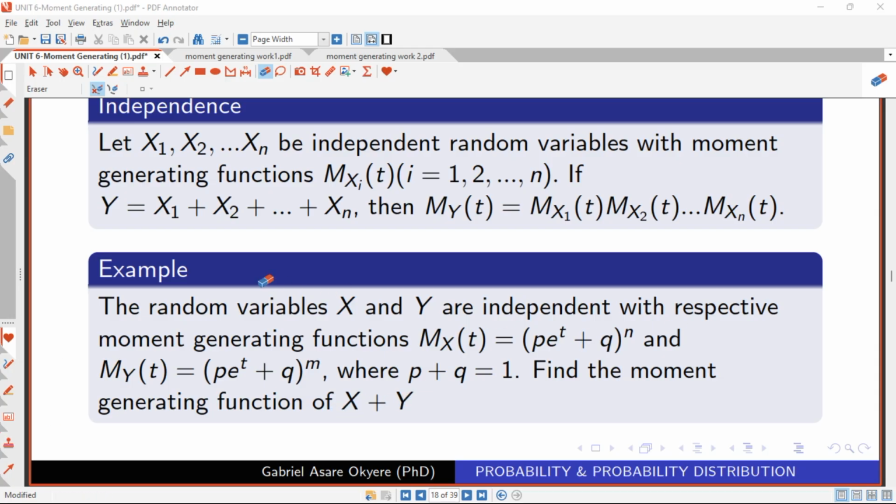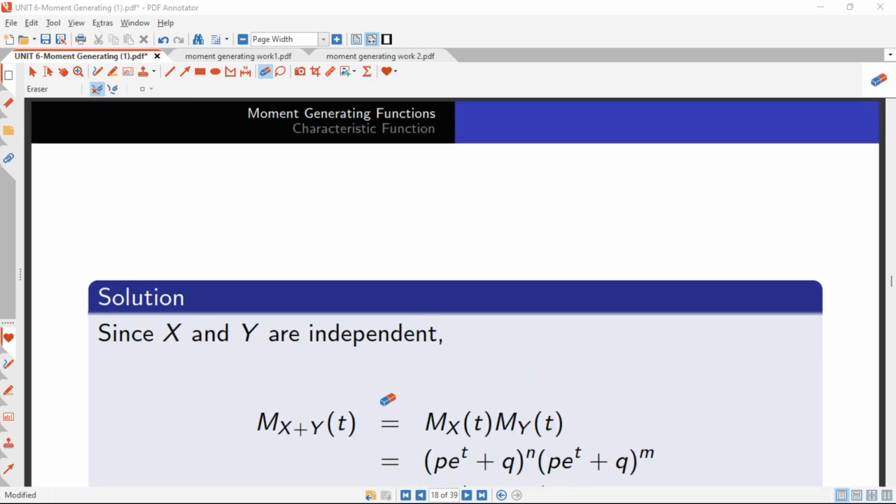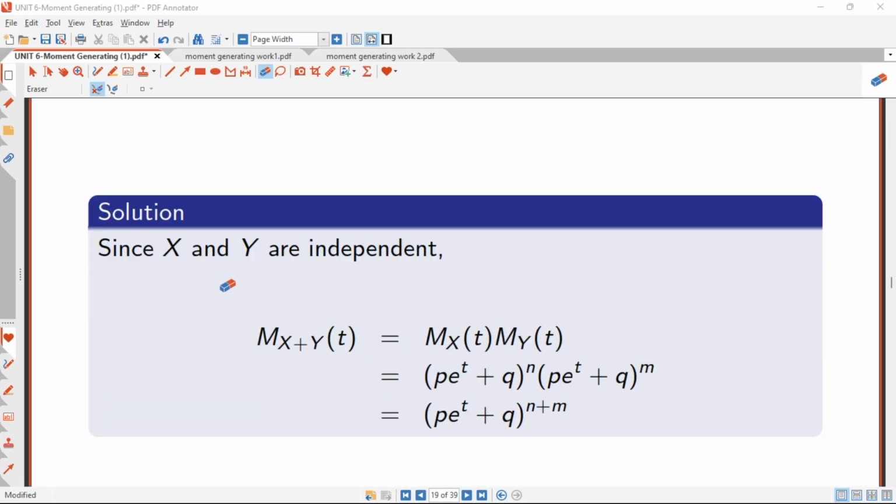We just learned that if you have two random variables and we are summing them, we multiply the moment generating functions of both random variables x and y. So since x and y are independent, the moment generating function for the random variable x plus y is equal to the moment generating function of x times the moment generating function for y.